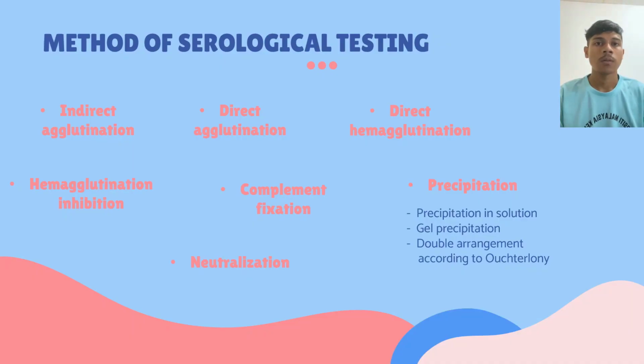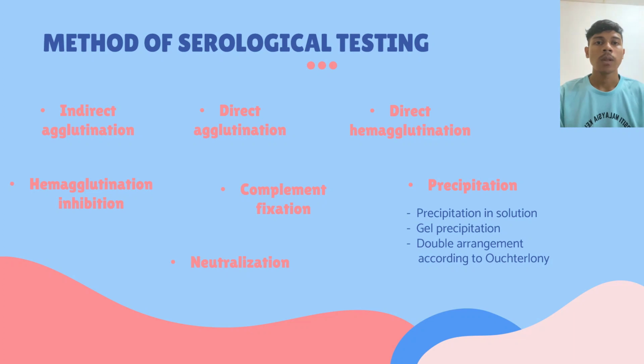Method of serological testing. Serological methods are used for measuring the antibody response, while the presence of virus can be demonstrated by cultivation or demonstration of specific antigen or gene sequence.